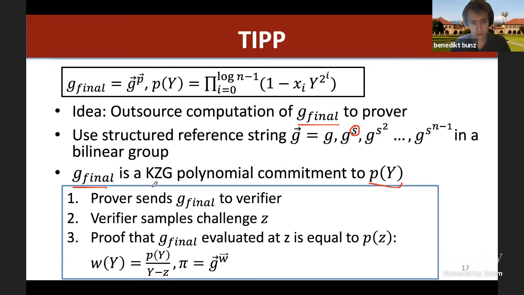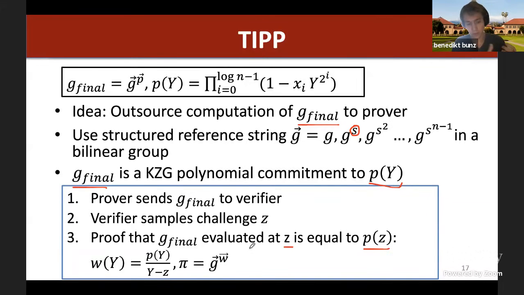And then the protocol is going to be that the prover sends G final, or its claim of G final, to the verifier. The verifier will sample a random challenge Z, and the prover will convince the verifier that the polynomial inside G final evaluated at Z is exactly equal to P of Z. And it's important that the verifier can themselves compute P of Z. This computation itself is efficient.